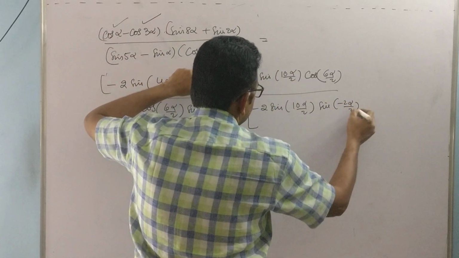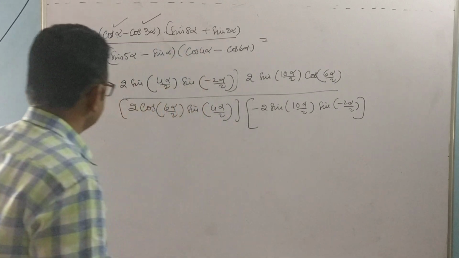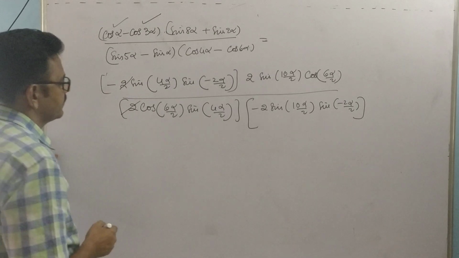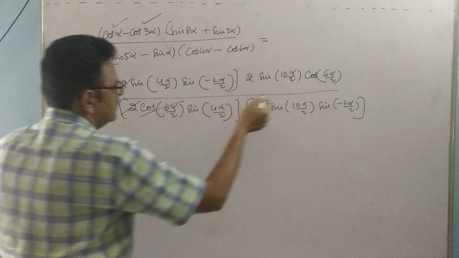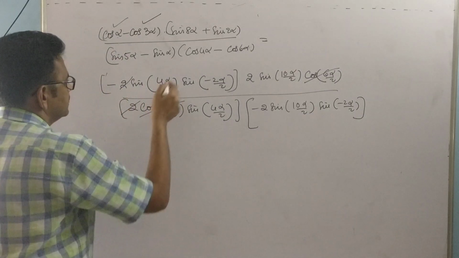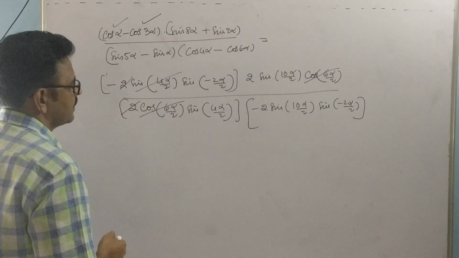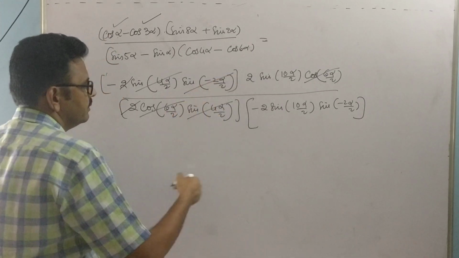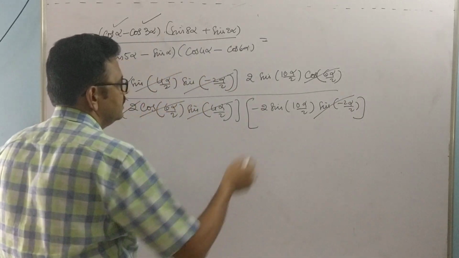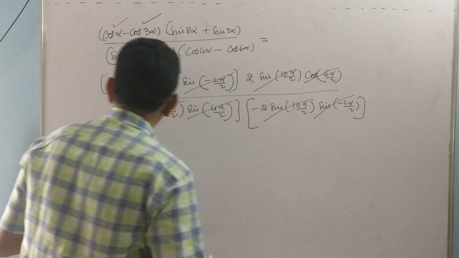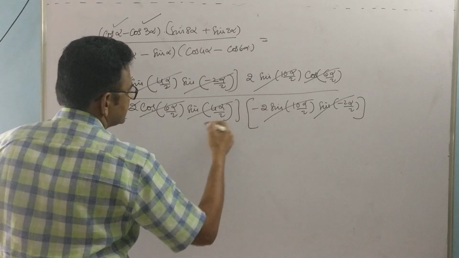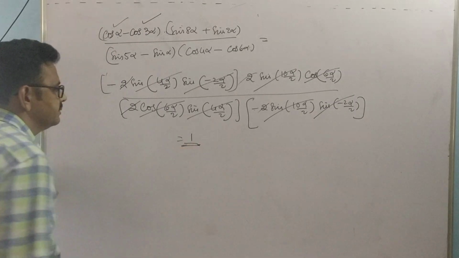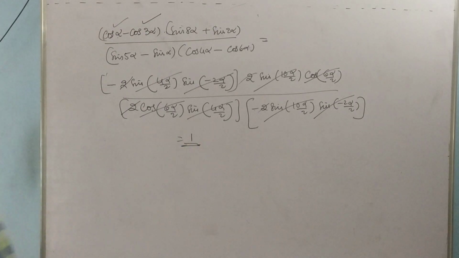Here the 2s cancel, cos 3 alpha cancels, sin 2 alpha by 2 cancels, and 10 alpha by 2 cancels. Minus of the minus gets cancelled, and also these 2s get cancelled. That equals 1, which is the answer. All terms get cancelled.